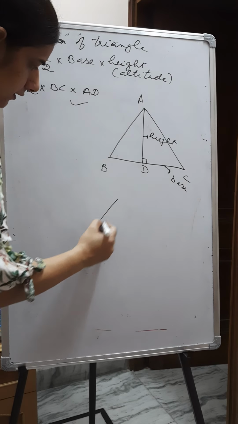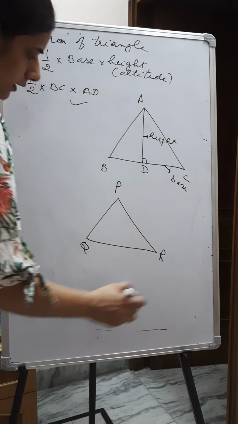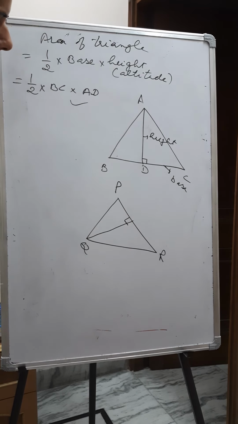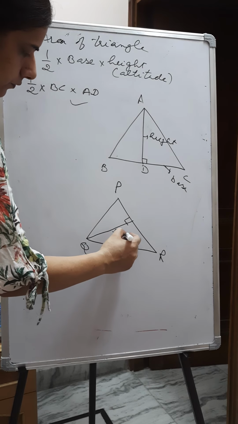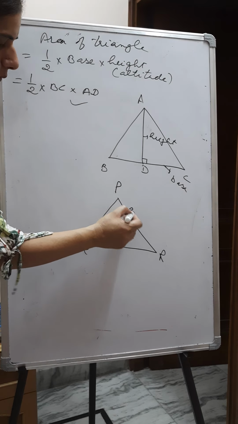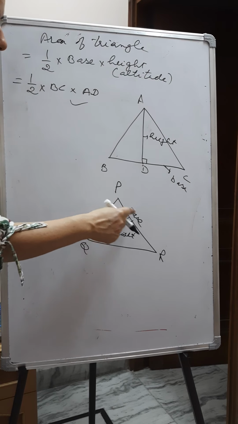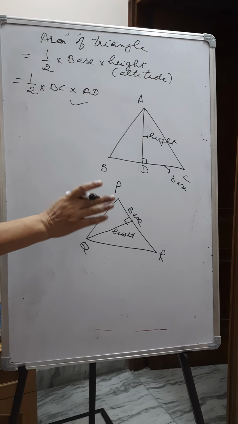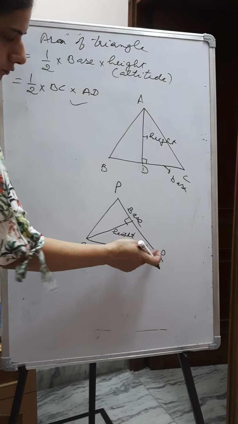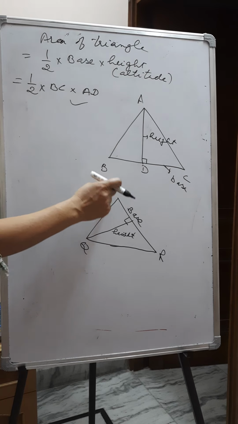If the triangle is PQR, and from point Q the altitude, the height, is drawn, then this side becomes the base and this is the height. Base will change according to the height. In the previous classes you studied that the down side is always the base. No, the down side is not always the base and the top is not always the vertex.